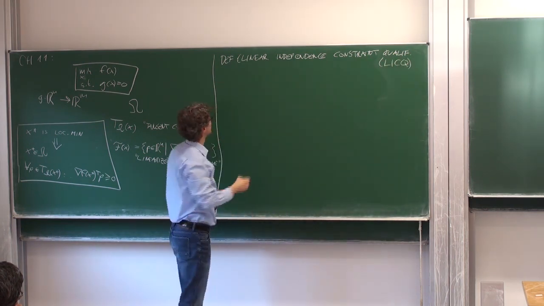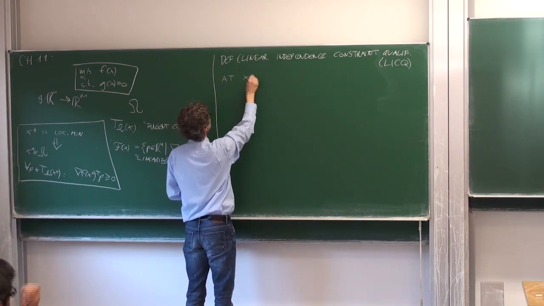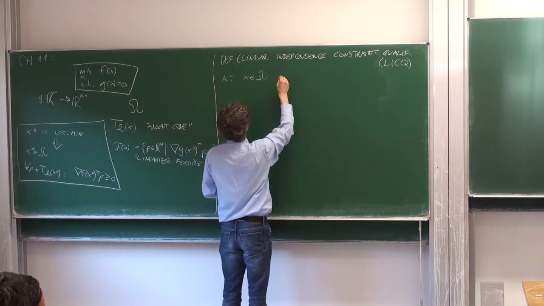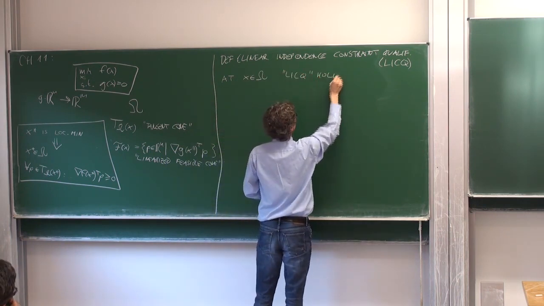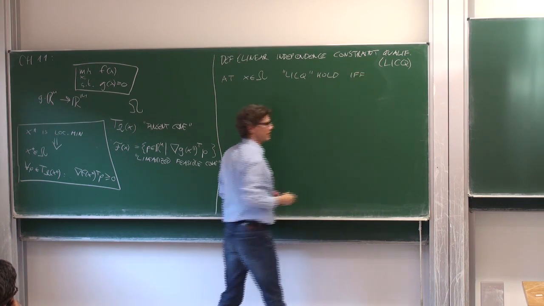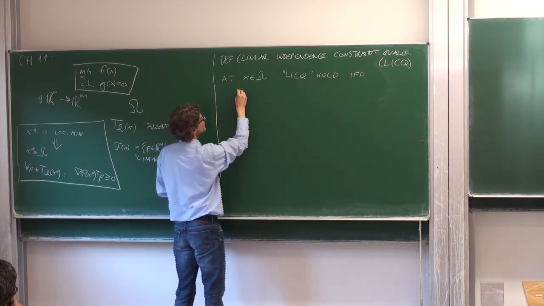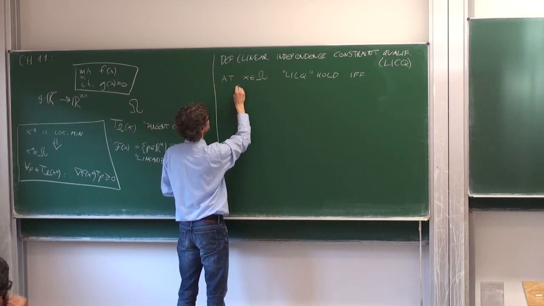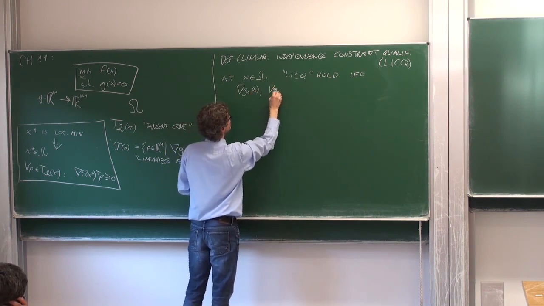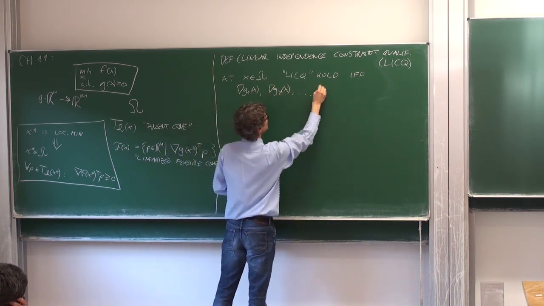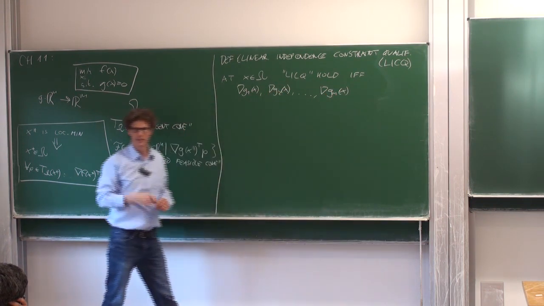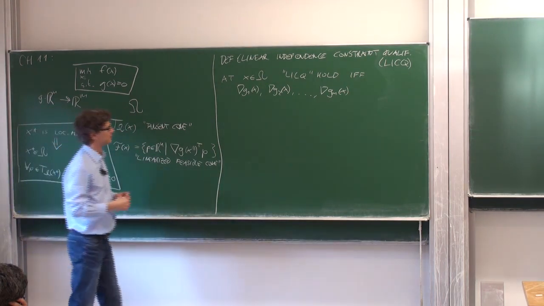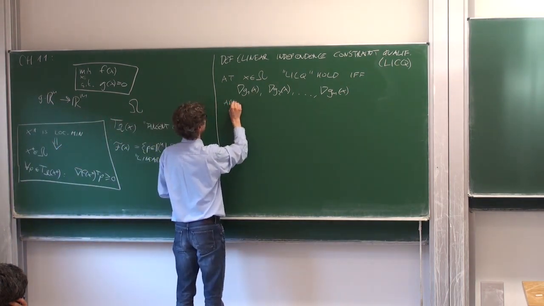And it just says at some point x, which is in omega, LICQ holds if and only if, that's a definition, for the gradients nabla G1 at x, nabla G2 of x, up to nabla Gm of x, that means all the individual gradient vectors are linearly independent.